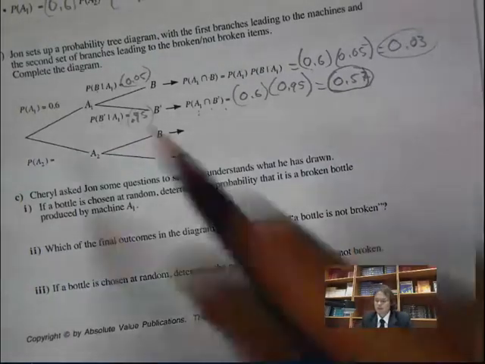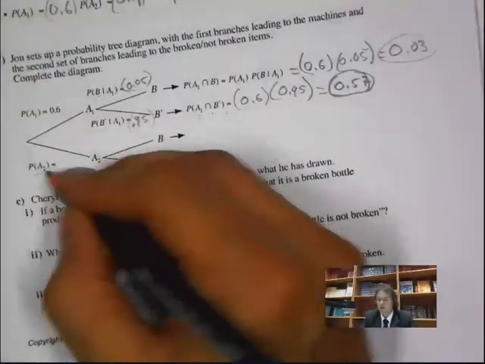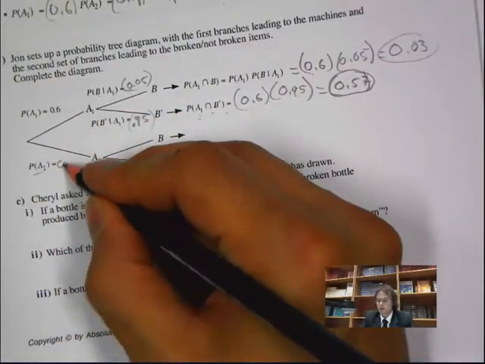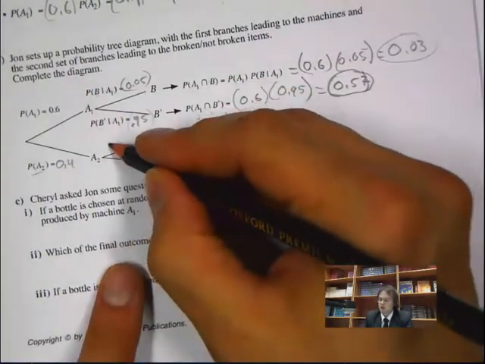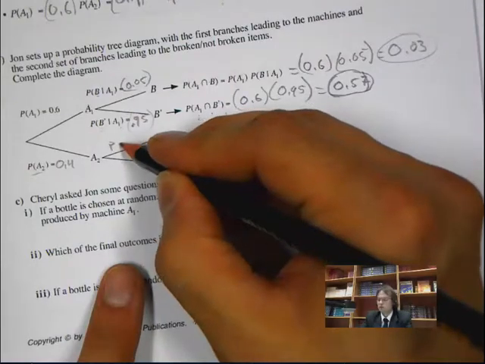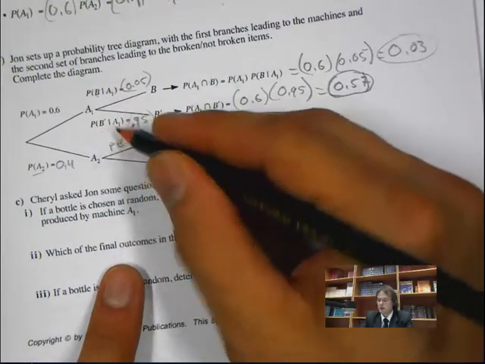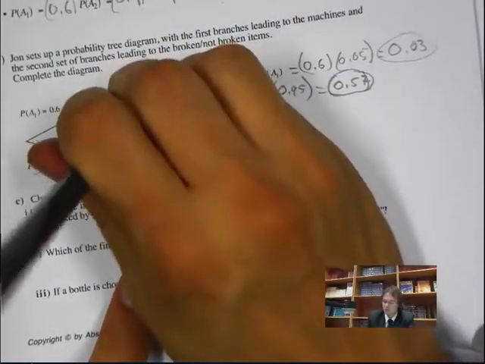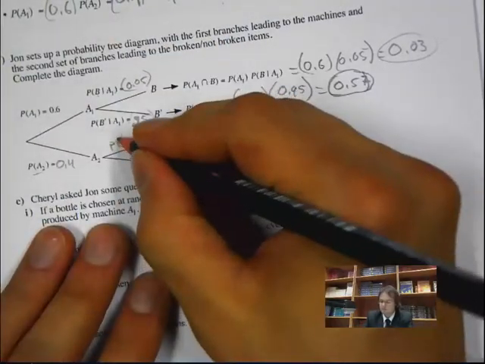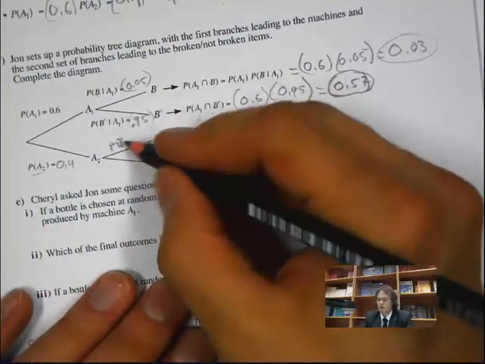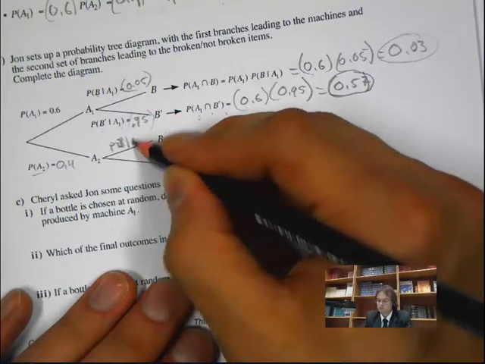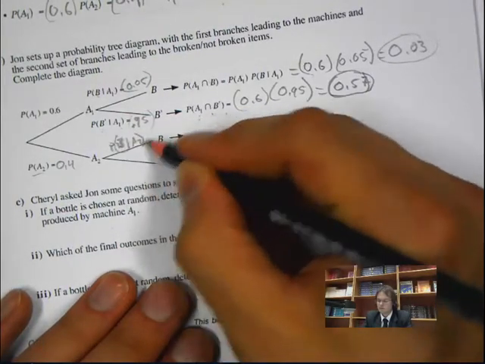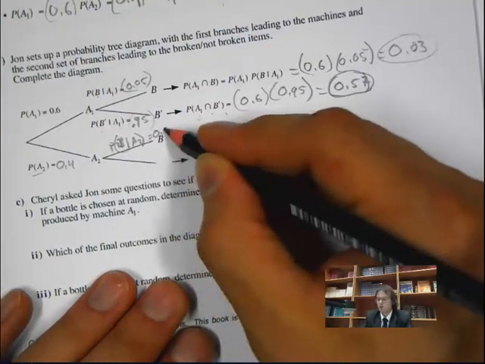So now we're looking at the probability for the second machine, A2. That is 0.4. The probability of it being broken in machine 2 is 0.08.